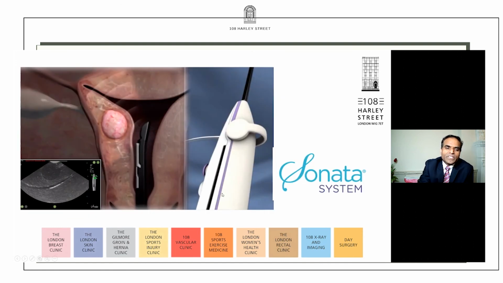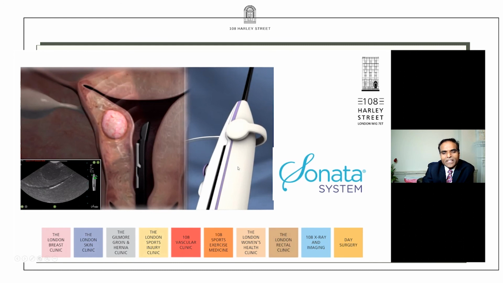This is the newest technology introduced into the UK market, FDA approved, and currently being trialed in 10 UK NHS hospitals. The black device is the ultrasound probe, and the white and purple one on the right is where the ultrasound will depict the fibroid.